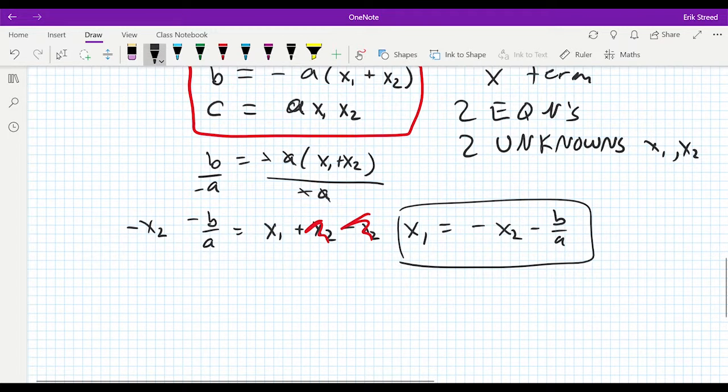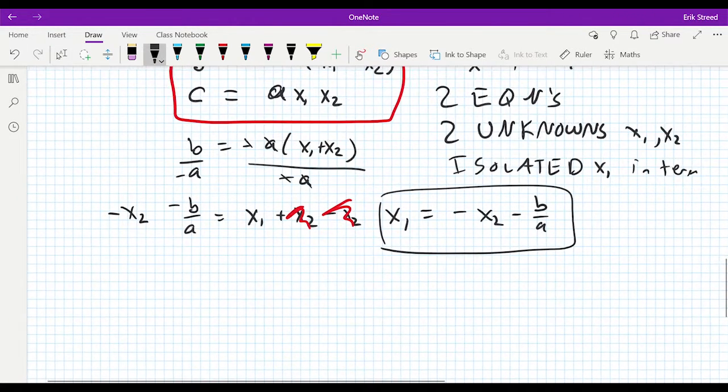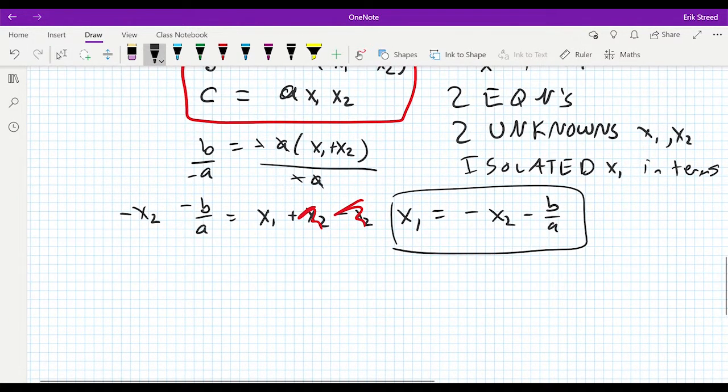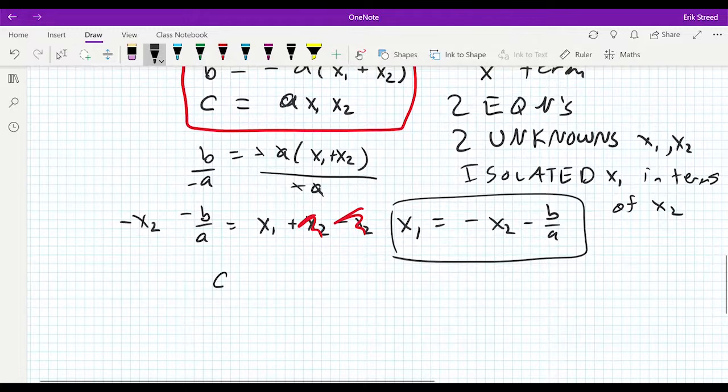So we can then substitute in. So we've isolated x1 in terms of x2. So now we've gone from two equations and two unknowns. Now we're down to one equation with one unknown.